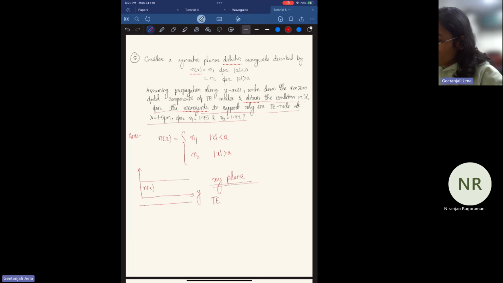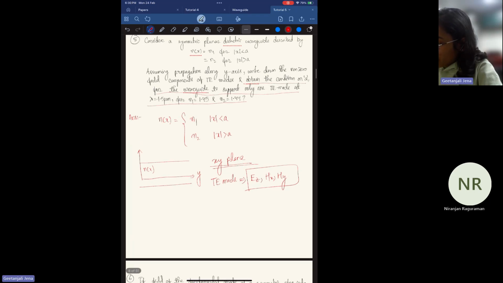That means the TE mode has zero electric field component along the propagation direction, it will be in the z direction, Ez, and the other components are magnetic field, Hx and Hy. So these are the non-vanishing components of TE mode.